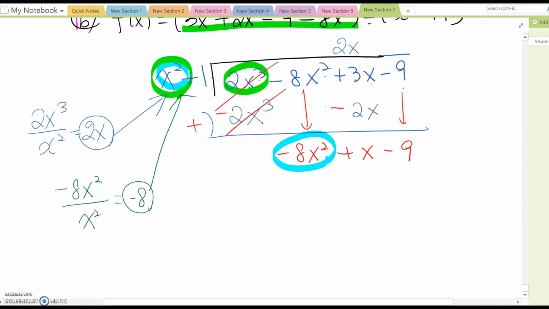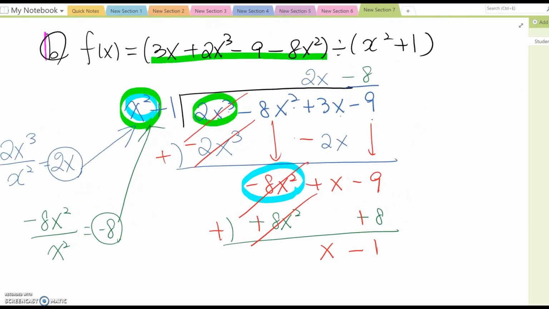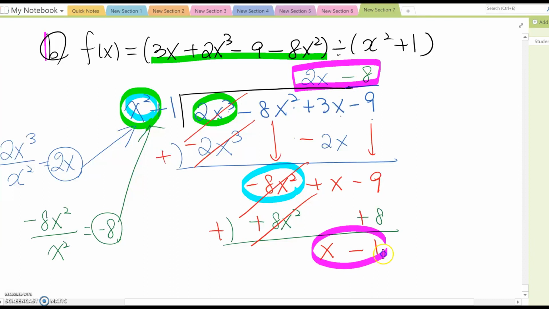Then, don't forget to put it in the quotient area as well. It becomes negative 8x^2 and then minus 8. You subtract, which means switch their signs, so it becomes plus and plus here. So those two cancel out and then it becomes x minus 1. So in this problem, this is our quotient and this is our remainder. Okay?